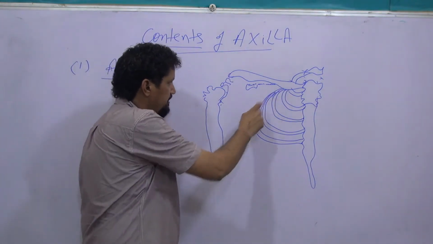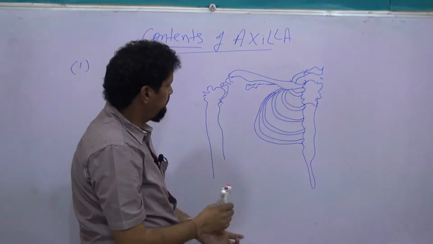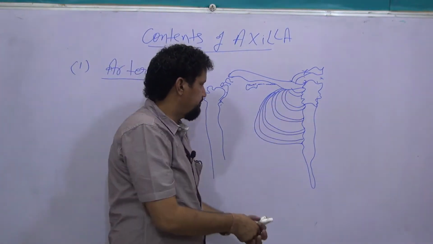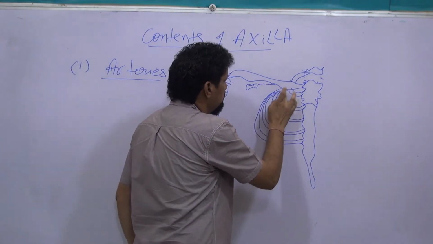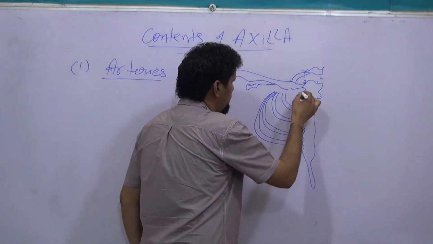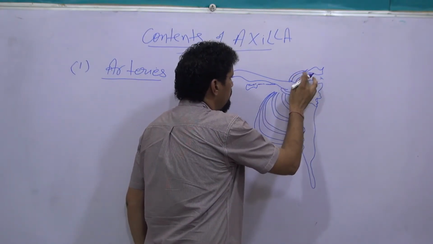The apex of the axilla is formed by the posterior surface of the clavicle, the outer border of the first rib, so this is the first rib.